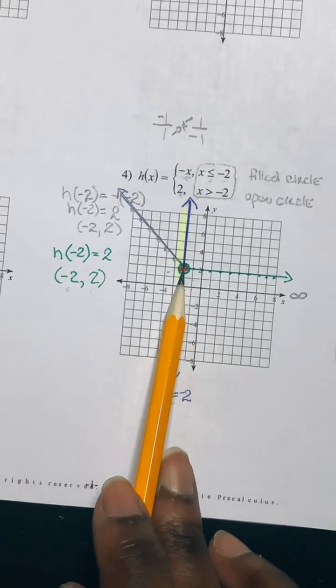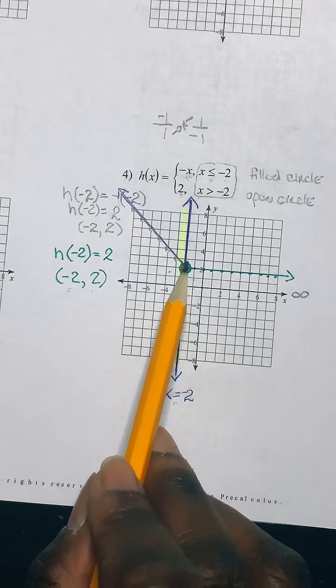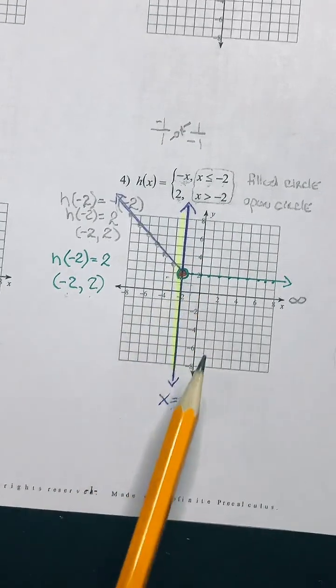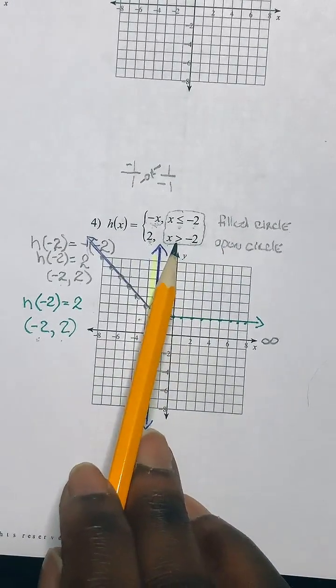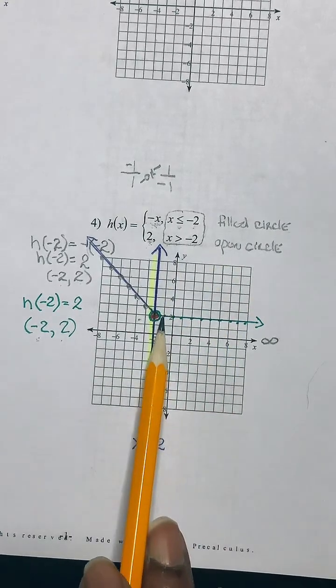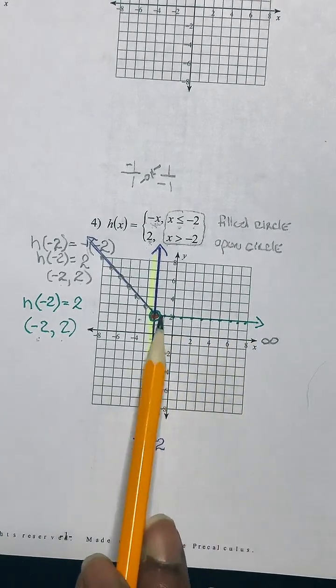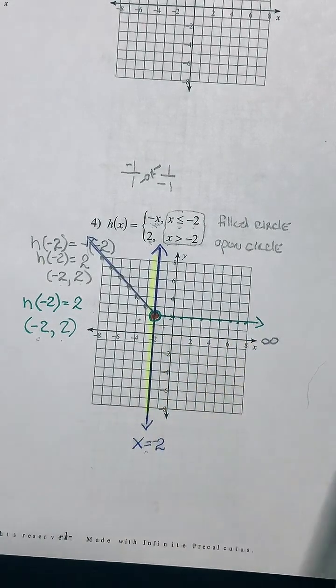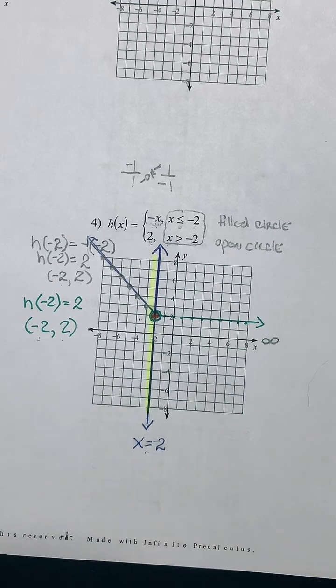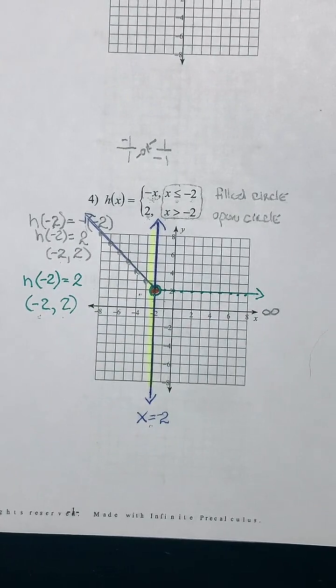We already had something there, but I can put an open circle there. The reason why it's open is because it is just a greater than symbol. Then I just go ahead and put all my 2's in for the y's. So there is my horizontal line. And then this is your graph for this piecewise function.